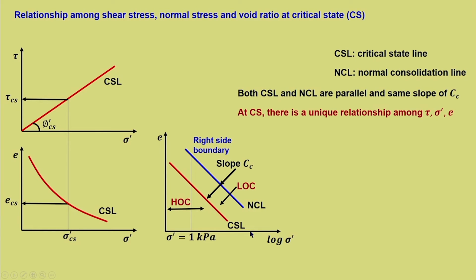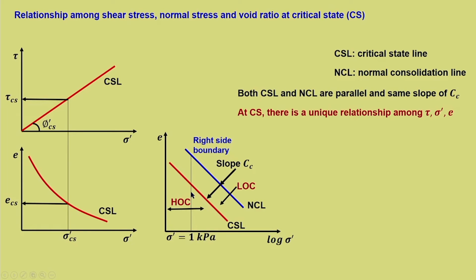For that, let us consider an initial point irrespective of any. Let us start with a very low stress condition, which is more or less corresponding to, let us say, 0 condition, because log of 1 is 0. So, instead we take sigma dash equal to 1 kilopascal.